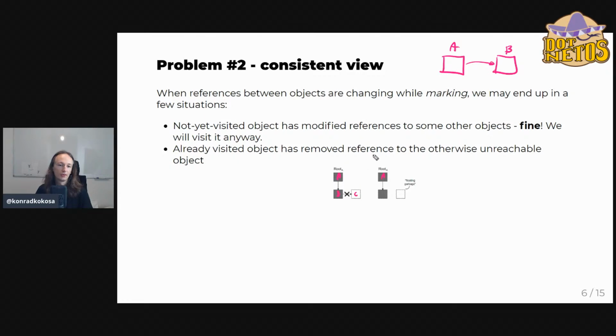And now, whether it is a problem or not, necessarily it is a problem. It may be that, okay, if this reference has been removed after we visited object B, that's a problem for, let's say, the GC being more or less optimal.